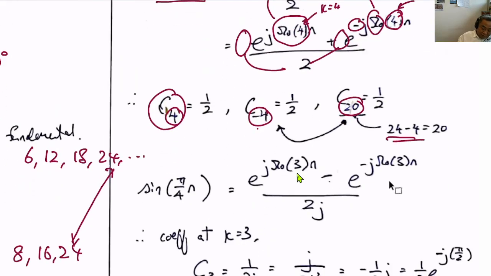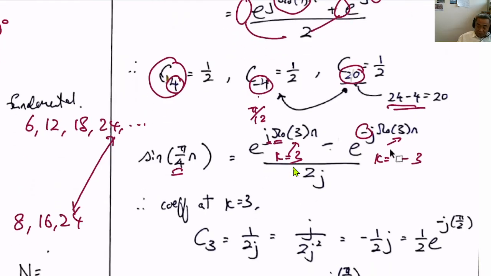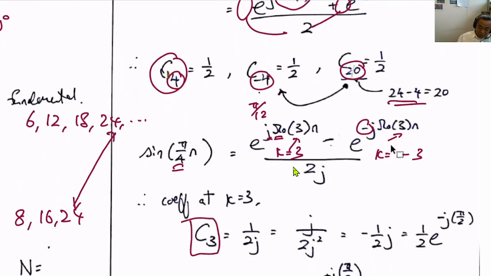Okay, and for the sine, again, we are going to express it with respect to omega naught, and omega naught, as you remember, is pi over 12. Since pi over 4 is equal to pi over 12 times 3, that's for positive frequency. So now we know k equals 3 here, and k equals minus 3 here. So we again find C3.